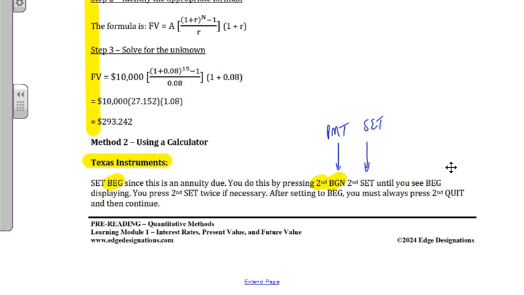What I always suggest to candidates is, please, once you have set your calculators to begin mode, as soon as you've done that, go back and set it back to normal mode again, because often you forget to set it back and it stays in begin mode and all your calculations are done in that mode, which obviously is not applicable for most questions.